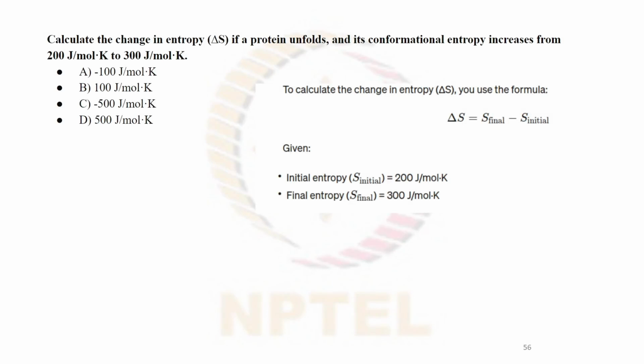This is a thermodynamics-based question. Calculate the change of entropy if a protein unfolds and its conformational entropy increases from 200 joule per mole Kelvin to 300 joule per mole Kelvin. So we have seen entropy increases from 200 to 300. Initially it is 200 and it increases as the protein unfolds to 300.